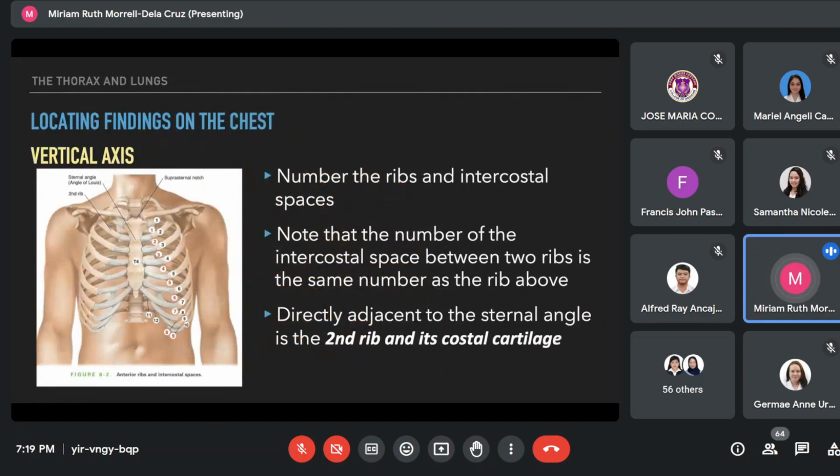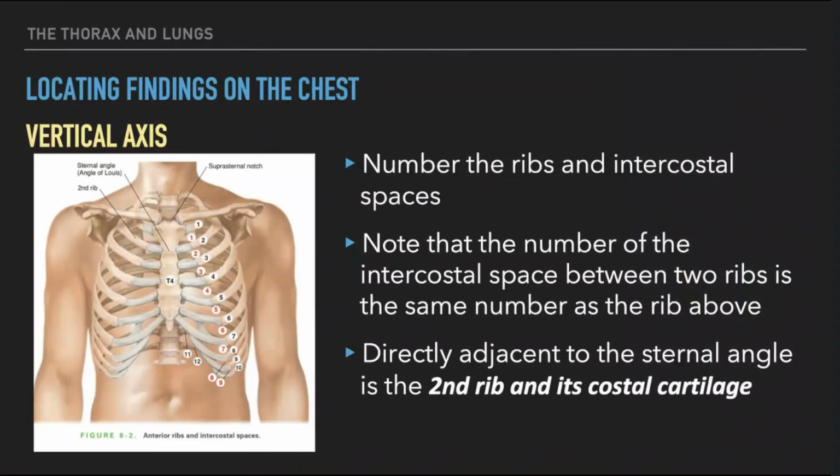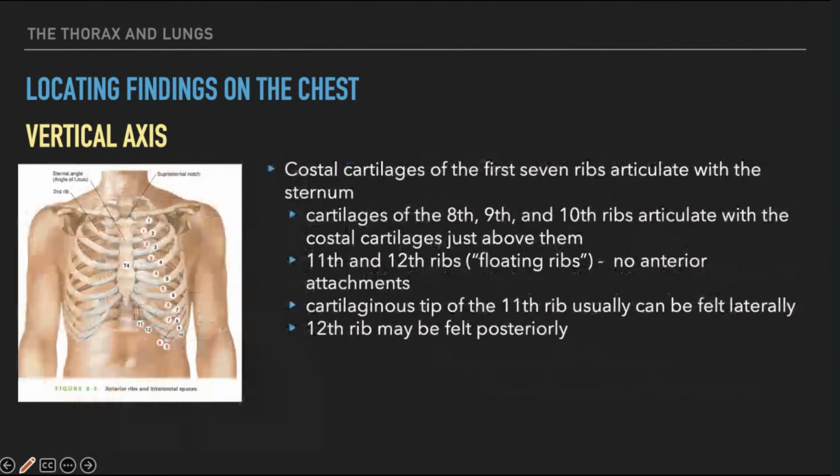When we locate the findings of the chest, the spaces between the ribs are assigned numbers. So the ribs and the spaces have their corresponding numbers. It's usually the second rib that we are able to palpate when we do our physical examination.